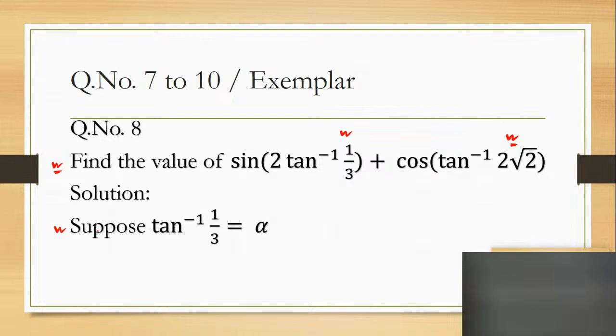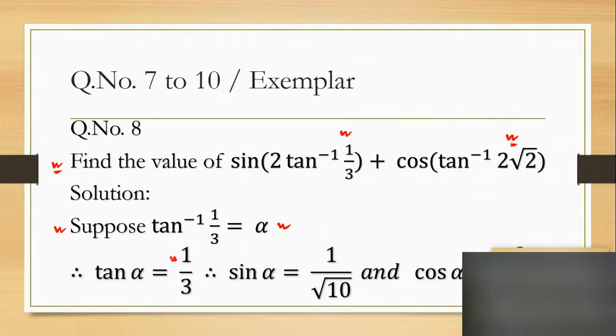Suppose tan inverse 1 by 3 equal to alpha. Therefore, tan alpha equal to 1 by 3. And we know that tan theta equal to p by b. So instead of p we have 1 and instead of b we have 3. So we find out the value of h. The value of h will be the square root of p square plus b square. The square of 1 will be 1 and the square of 3 will be 9. So 1 plus 9 equal to 10.